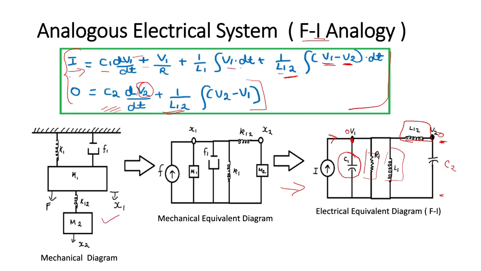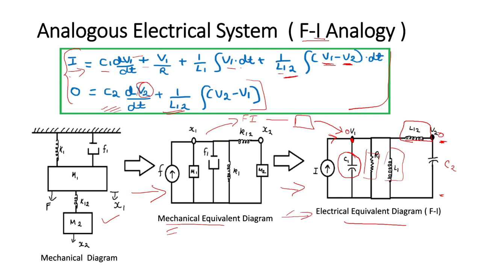So this was your mechanical diagram, and then you draw its mechanical equivalent diagram and then write the equation, and then using that analogy you write equations for the electrical system, and then you draw this diagram. So this is the process you have to follow. One special thing you can notice from here is that the mechanical equivalent diagram is quite similar to the electrical equivalent diagram.